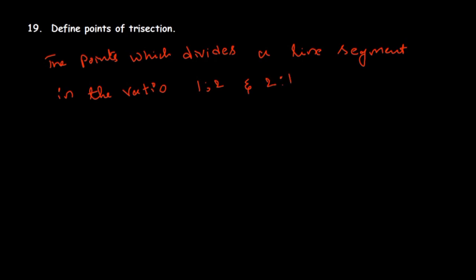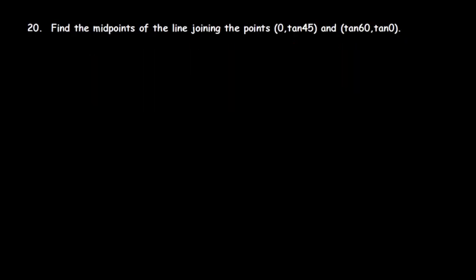So 1:2 and 2:1 ratio. Then the 2 points are called the trisection points.